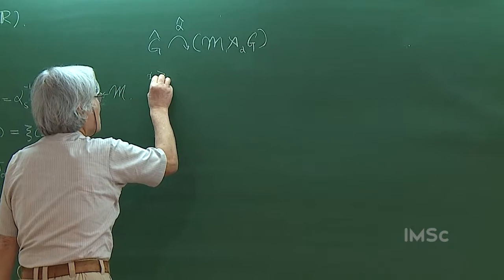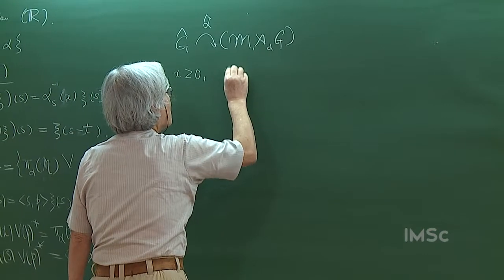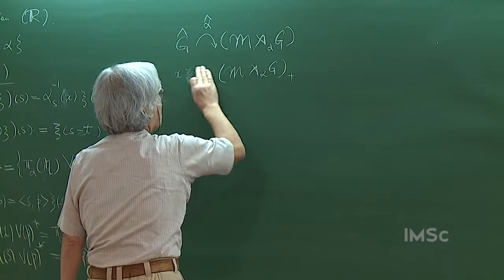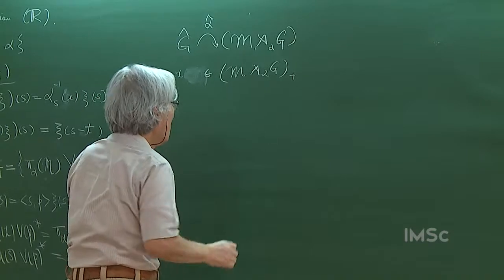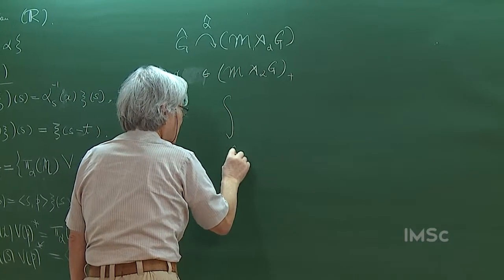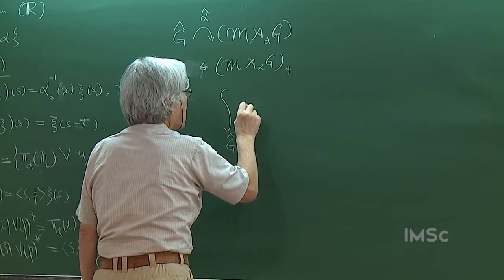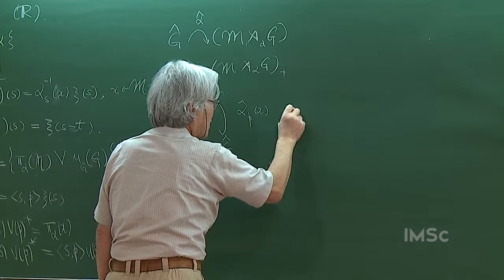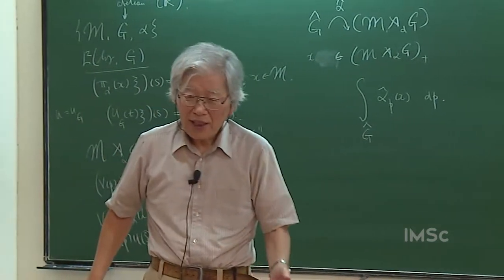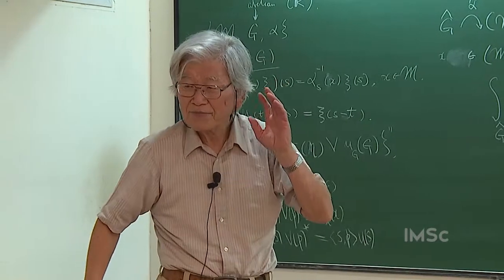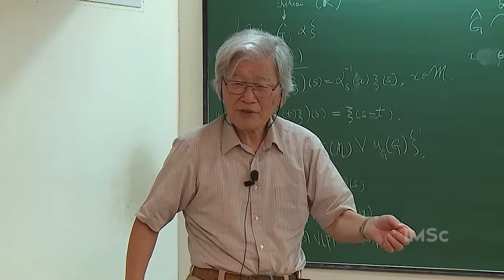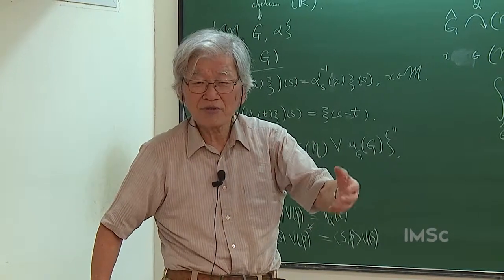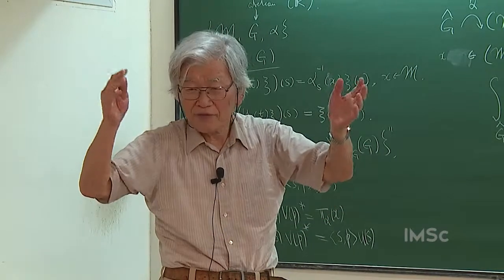When X is a positive element in the cross product, in the positive part, then you integrate over G hat alpha hat_P of X dP. Sometimes it defines a bounded operator. Sometimes it doesn't converge, possibly not even to an unbounded operator, just infinite.